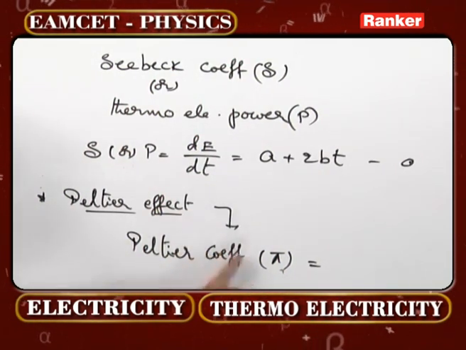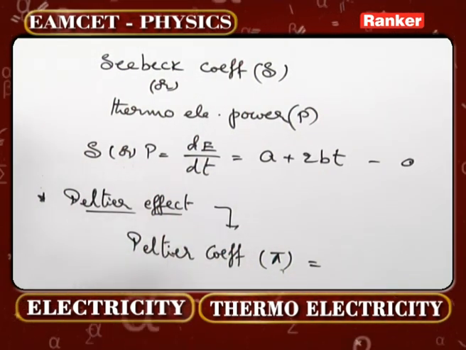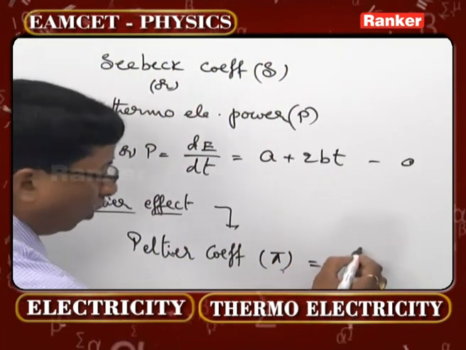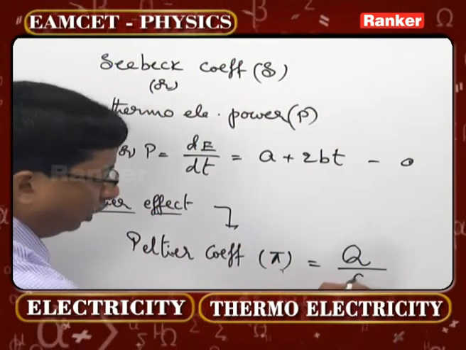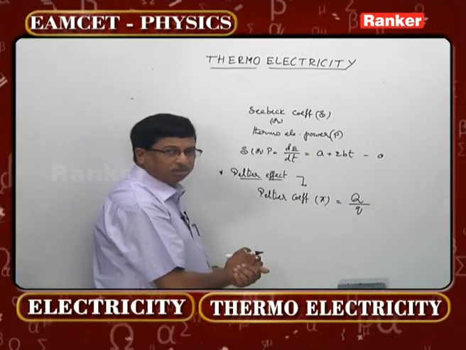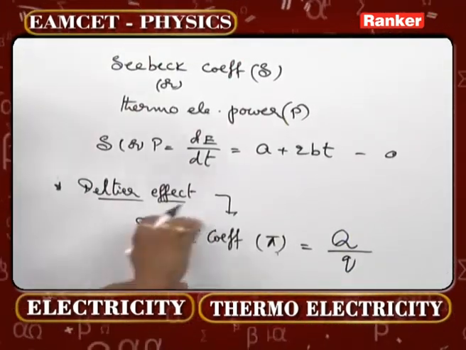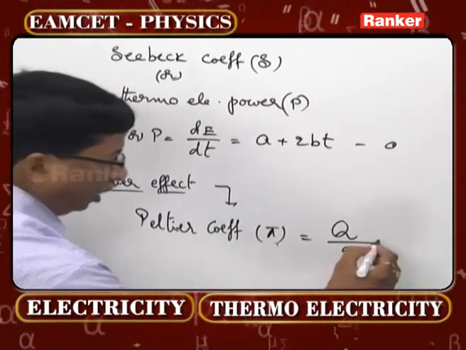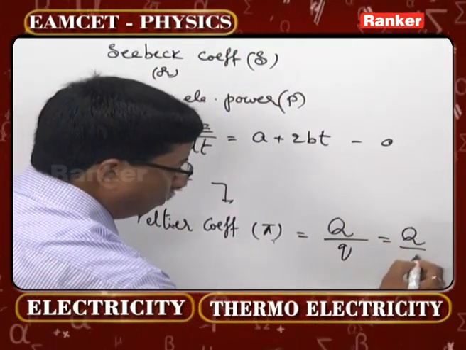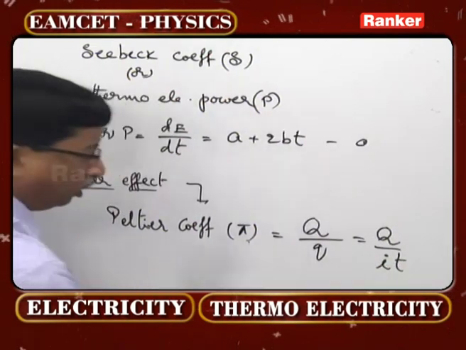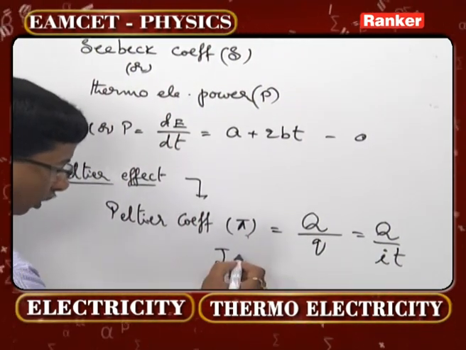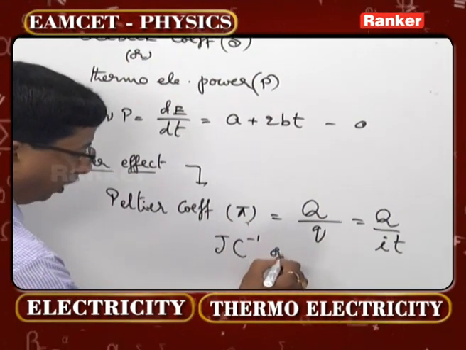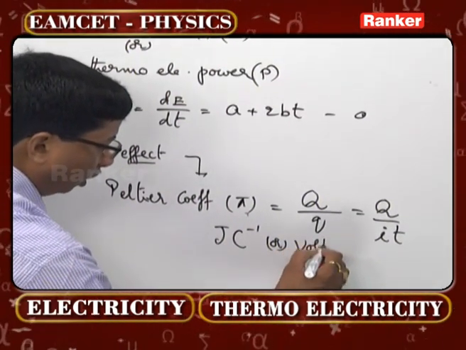So Peltier coefficient pi is equal to the quantity of heat energy evolved or absorbed per unit charge passing through that particular junction or thermocouple. In other words, I can write this as Q by current into time, that is Q by small q. Q will be in joule, and small q will be in coulomb. Joule per coulomb is also called volt.